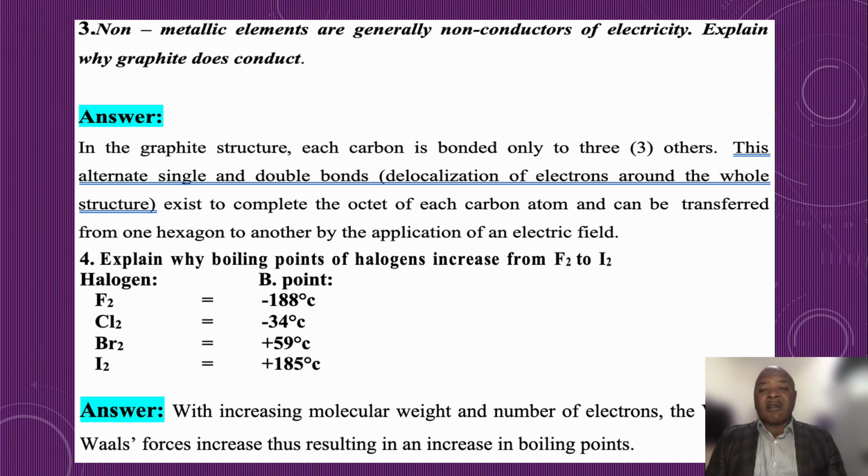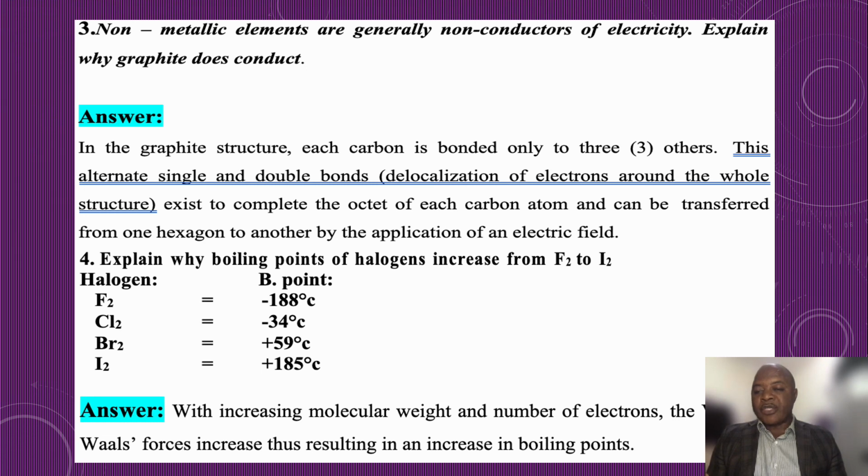Of course, graphite, being an allotrope of carbon, is expected not to conduct electricity. But it does conduct electricity because graphite, instead of 4 bonds, is bonded only to 3 other carbons.